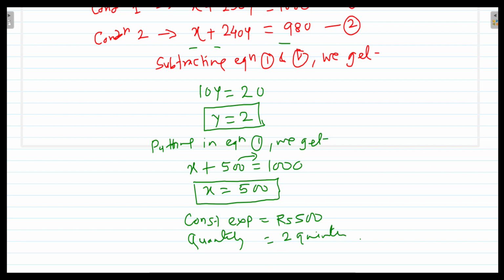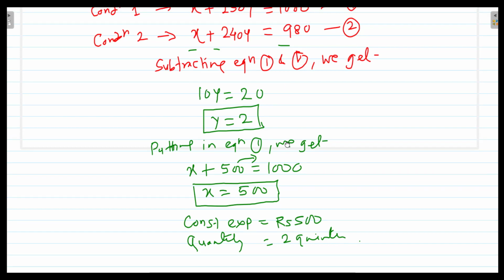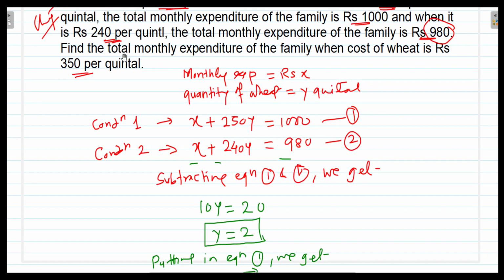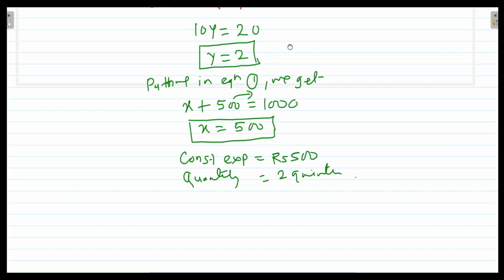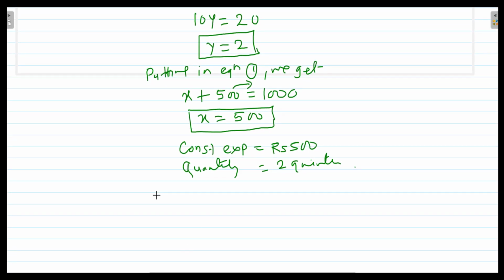But here the question is not finished. The question asks to find the total monthly expenditure of the family when the cost of the wheat is rupees 350. So when the cost of the wheat will be 350, then what will be the total expenditure?